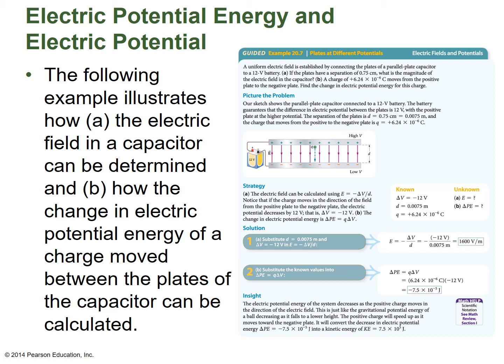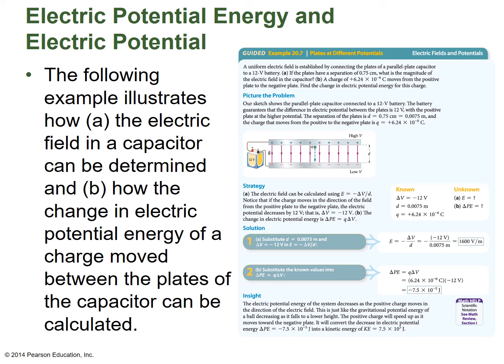The electric potential energy of the system decreases as the positive charge moves in the direction of the electric field. This is just like the gravitational potential energy of a ball decreasing as it falls to a lower height. The positive charge will speed up as it moves toward the negative plate. It will convert the decrease in electric potential energy into an increase in kinetic energy.